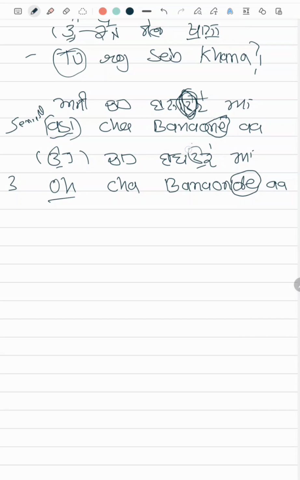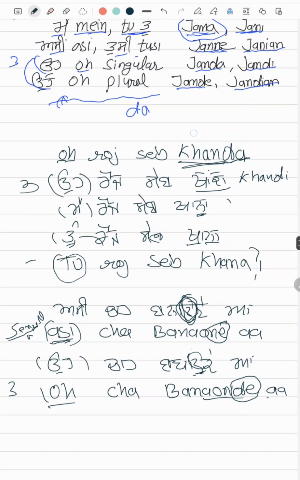Here, it's changed because I used asi, the second pronoun. Even if it's an oo sound, it's not going to be changed here, all right? So basically with the oo, when we say O, stuff like that, third person, it's not going to change. It's only gonna change when we're gonna use this one.